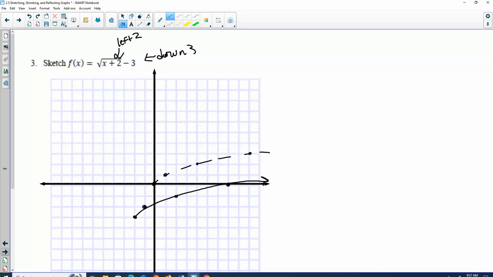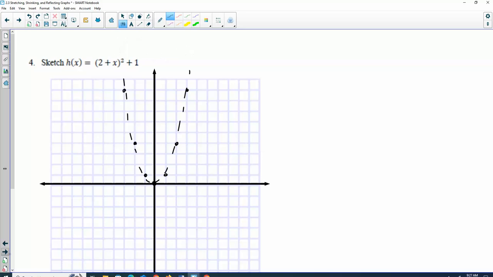Step number 4. So parent function, it's an x squared, so that would be a parabola. The 2 on the inside. Inside changes x. Oh, that's not the version you guys have. I gave you guys 2x squared, didn't I? +1.